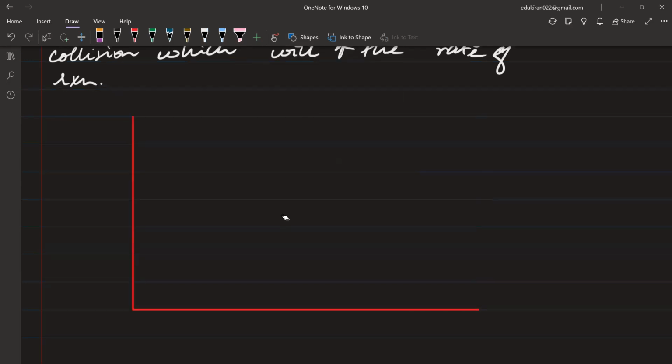this is our Maxwell-Boltzmann distribution curve that I'm going to draw here.